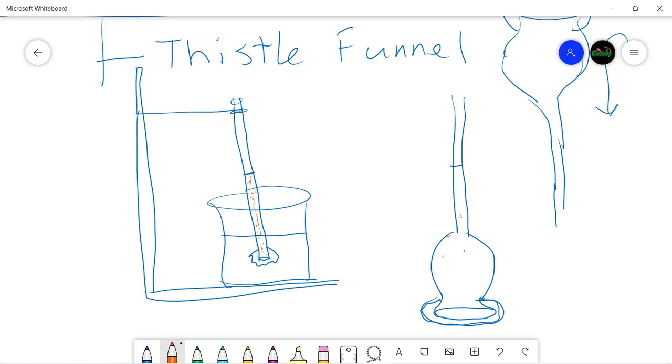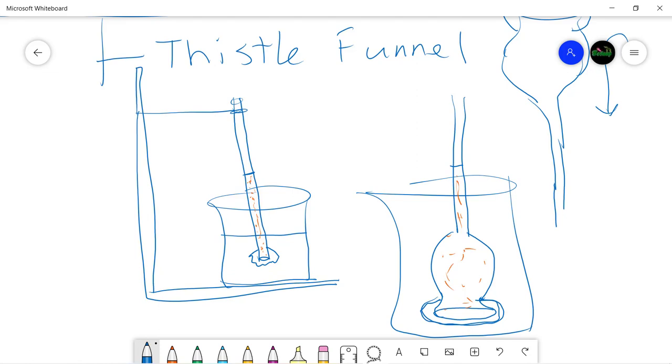So now it's containing that sugar or salt solution, and then it is placed in the beaker of water. So this is a beaker of water containing distilled water, and that thistle funnel has been placed in it. So whatever the case might be, this is a demonstration of an osmometer.